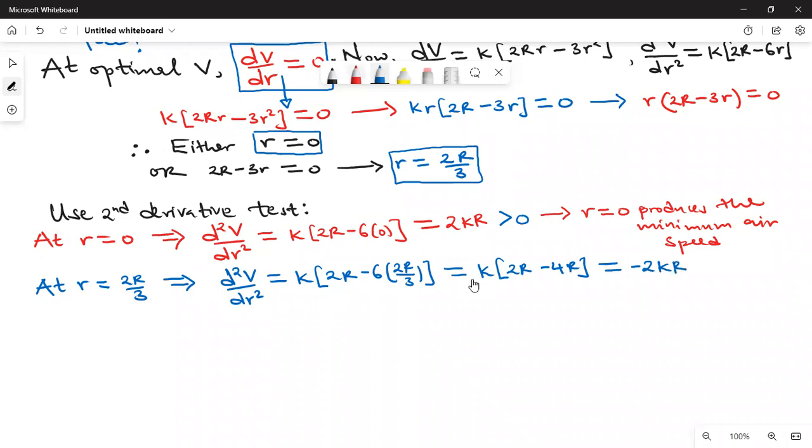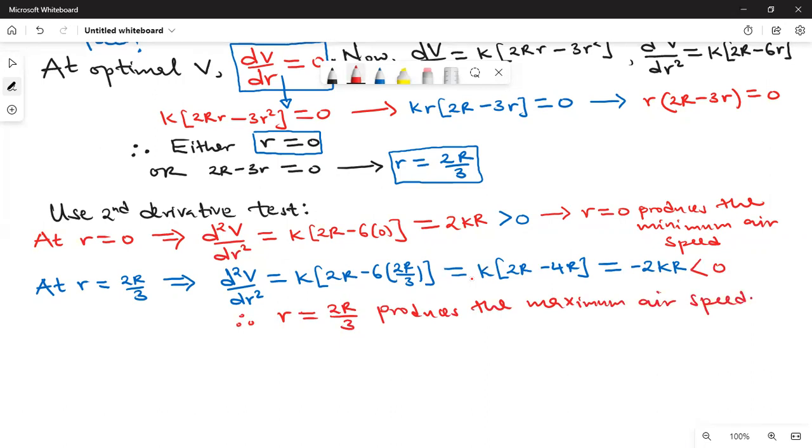K is positive, R is positive. This is a value less than 0. So therefore, what does it mean? That therefore, r is equal to 2R over 3 produces the maximum air speed.